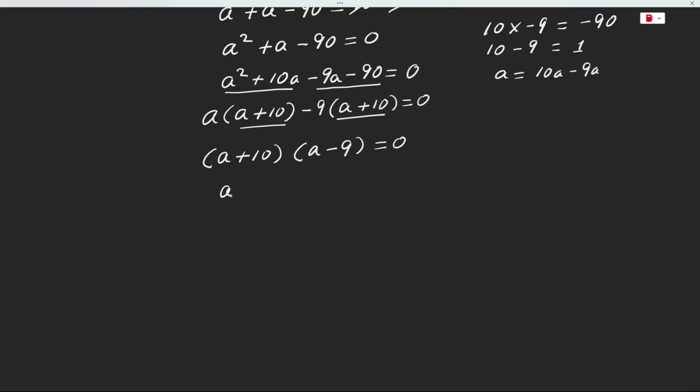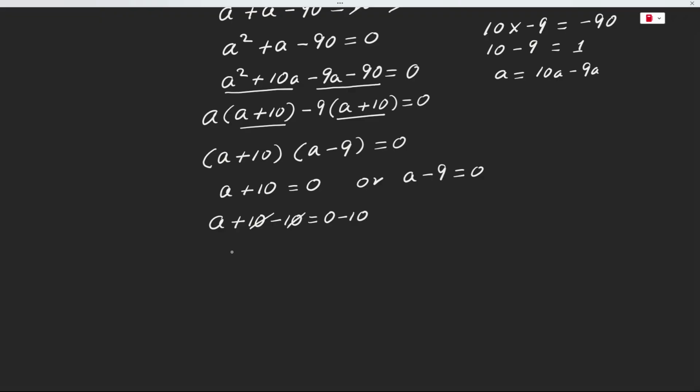Therefore a plus 10 equals 0 or a minus 9 equals 0. Now subtracting 10 on both sides in this equation we can write this as a plus 10 minus 10 equals 0 minus 10. Here and here 10 will be subtracted by 10.